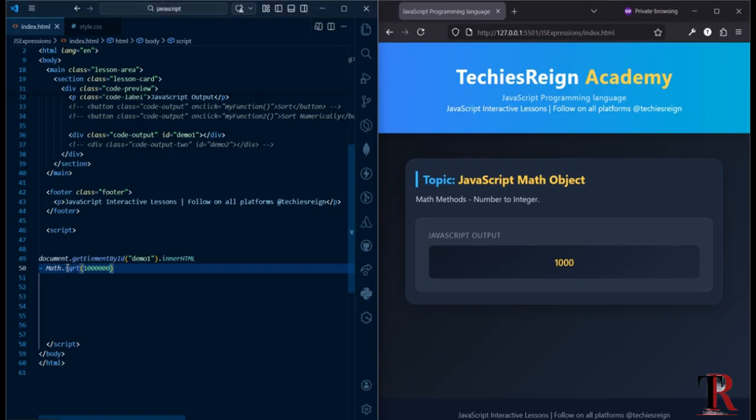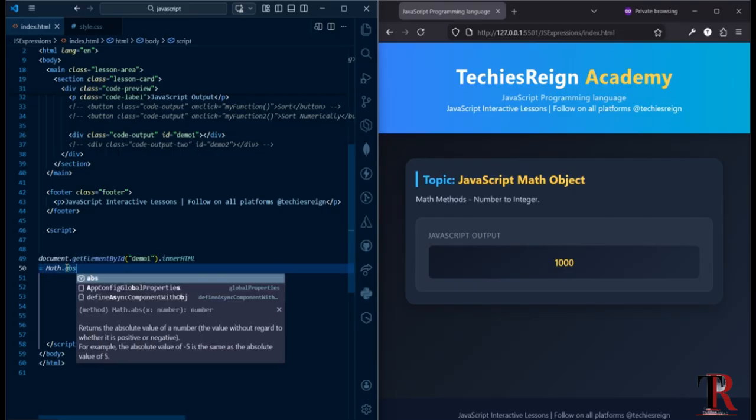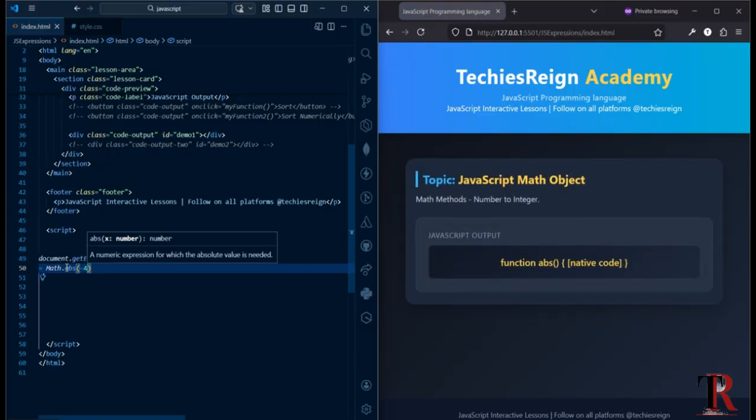Let's take a look in my code editor so we know. Absolute of minus 4.7 will return a positive 4.7. Which means that the math.absolute method will return the absolute positive value of the number.